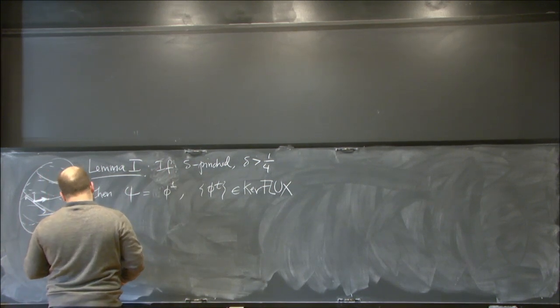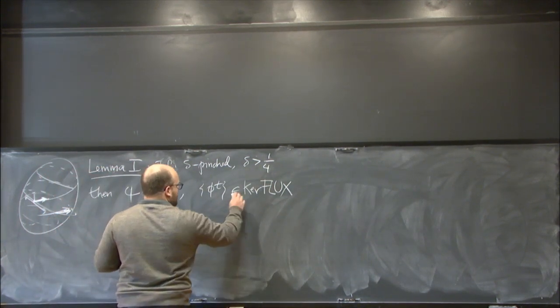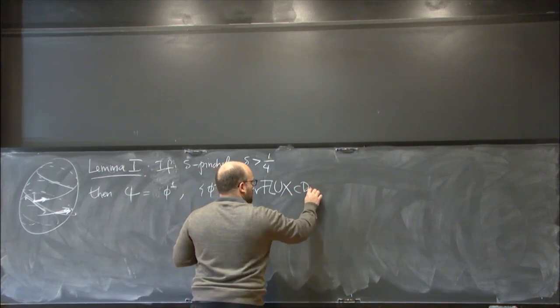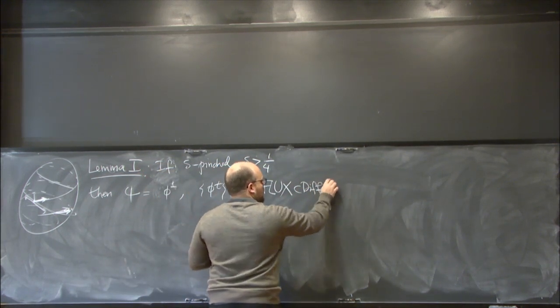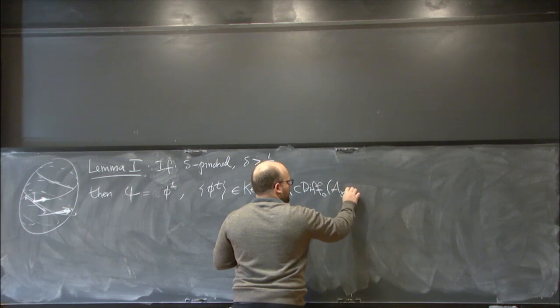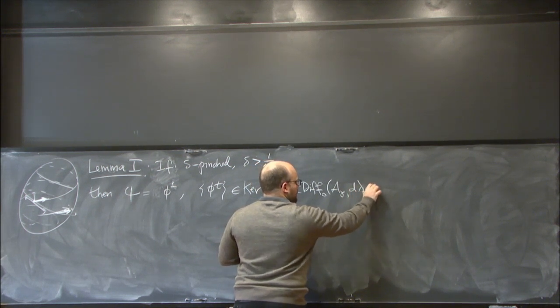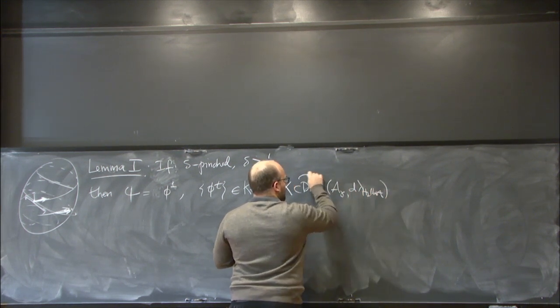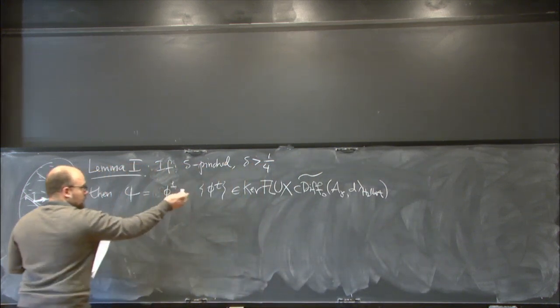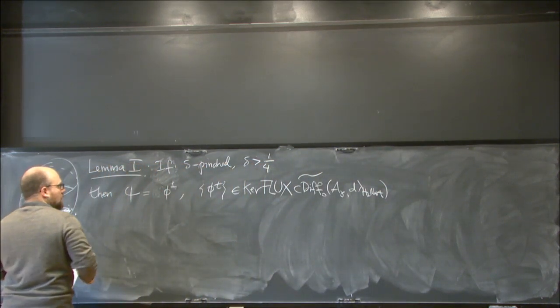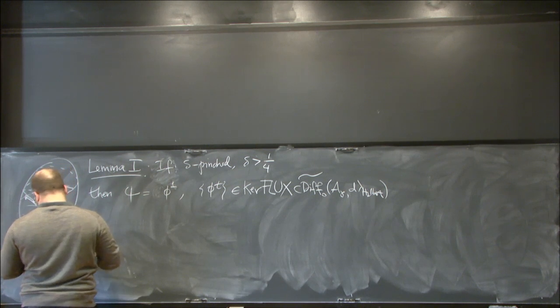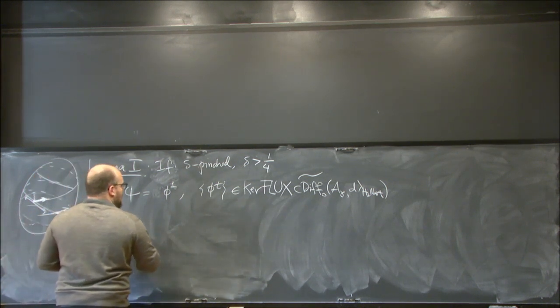And so this isotopy here, of course, lies in the kernel of the flux, containing that group, and there is the corresponding action.